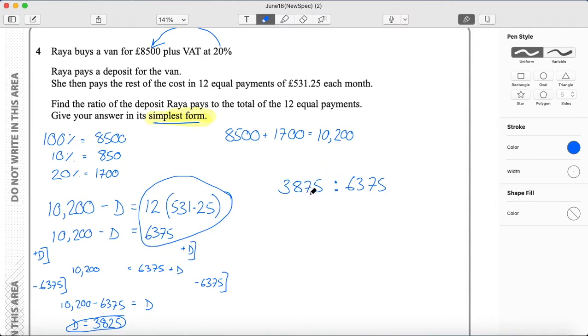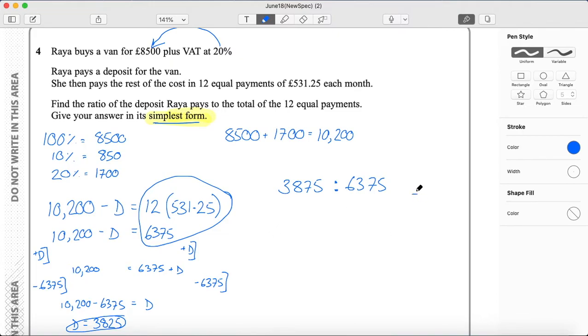Now, what I would do here is get a 1 on one side of the ratio, and we could do that by dividing by a number. So, I'm going to pick a side. I'm going to pick the right hand side, because if I divide by the bigger number, I'll have a fraction or a decimal over here, which would be a lot easier to simplify the ratio.